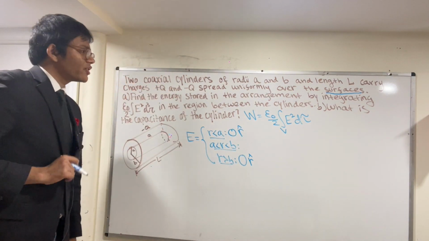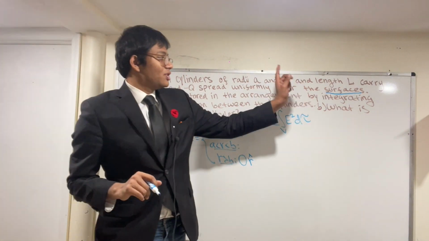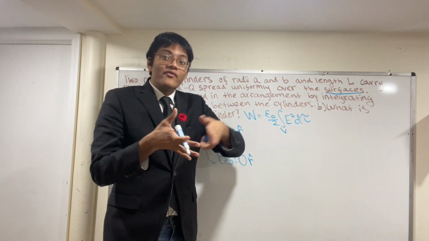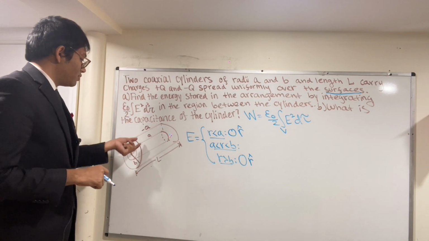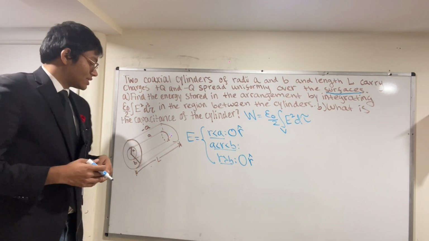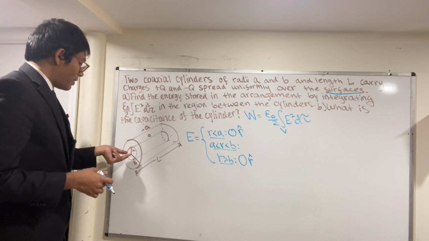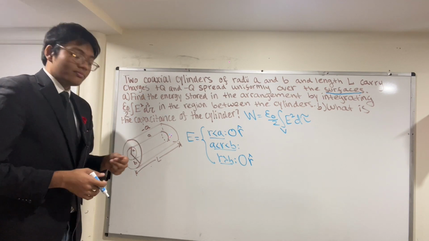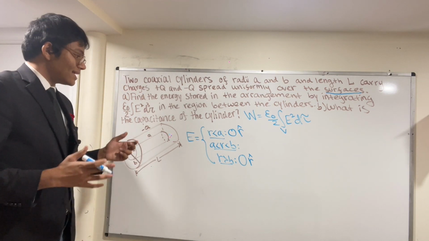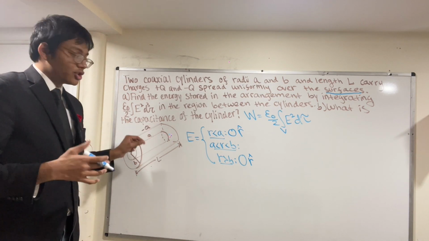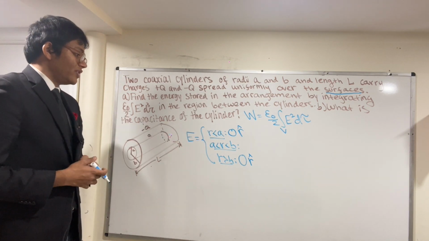So be very careful with your reasoning. If they said you spread uniformly over the volume, then you'd have to do Q over the volume of the cylinders, which would be pi A squared L in the case of the inner cylinder. But in this case, we know these are only surface charges, hence there is no inner electric field.